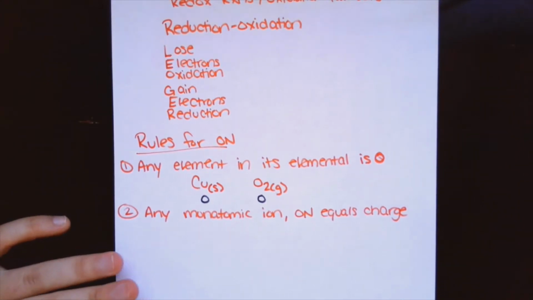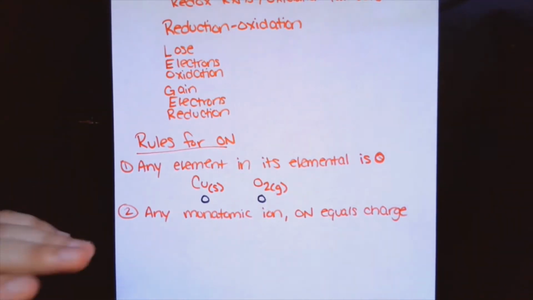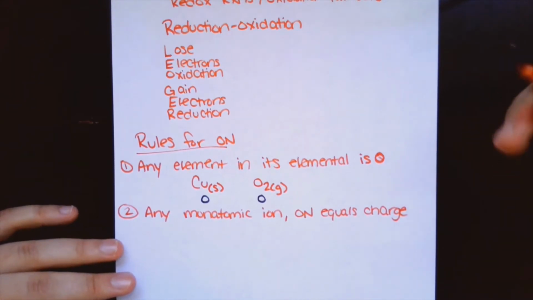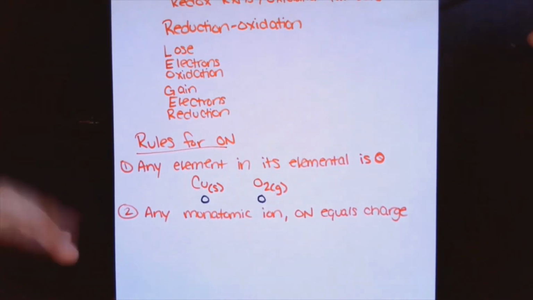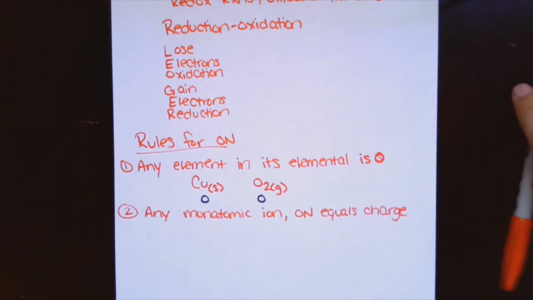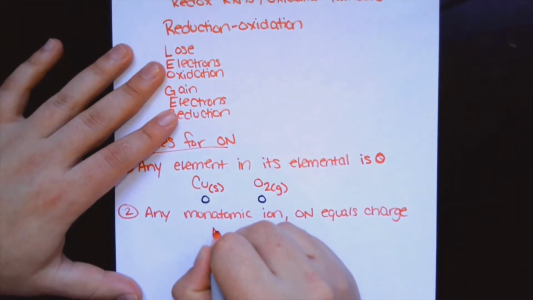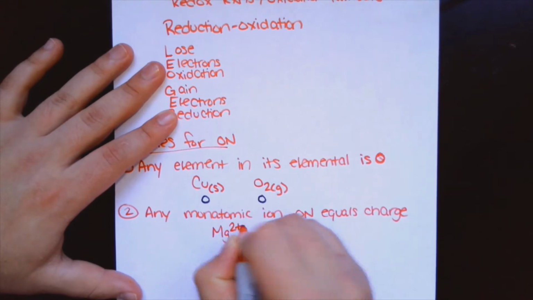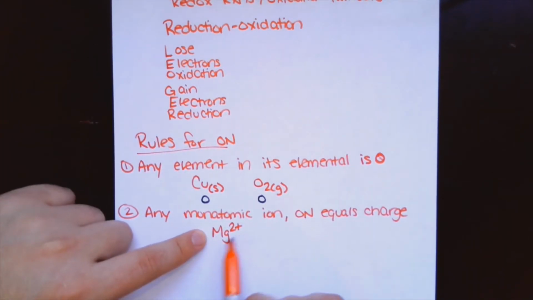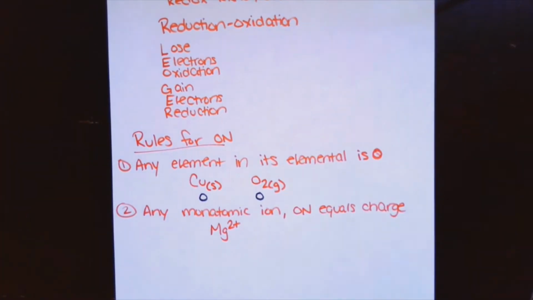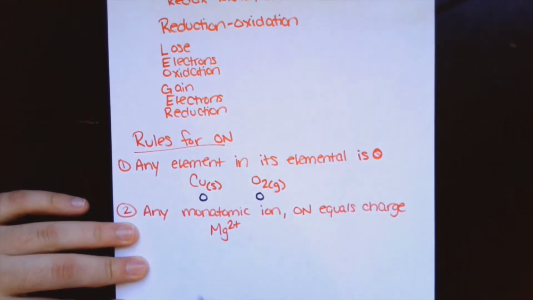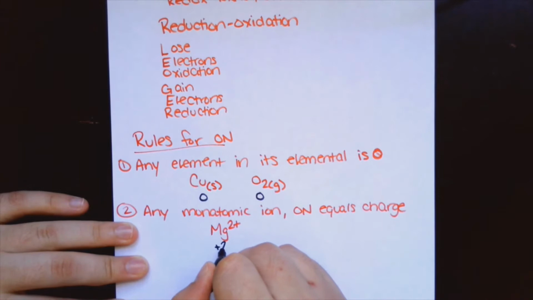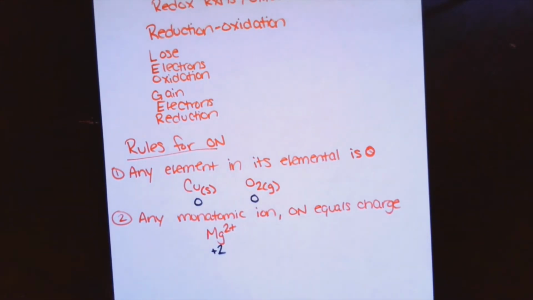But when we're working together through Zoom and on some practice problems that I'll provide you, I will definitely give you more examples for all of these as well. So right now, let's say we have, for instance, magnesium 2+. That's a monatomic ion because it's an ion formed from just a single atom. So the oxidation number is exactly the same as the charge. The charge of that ion is 2+, so the oxidation number is +2.